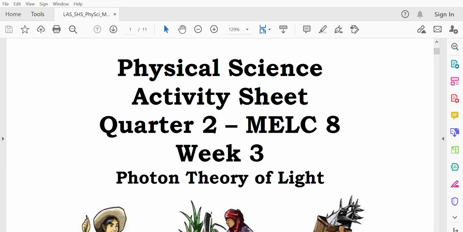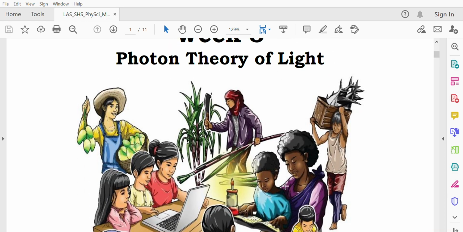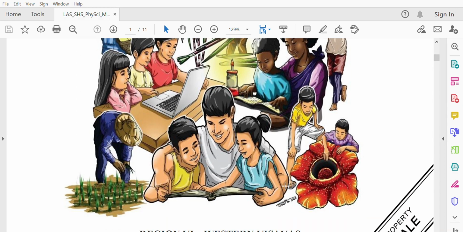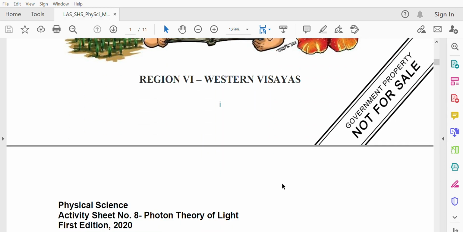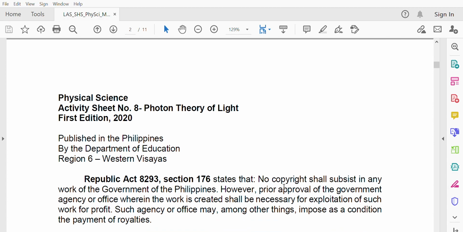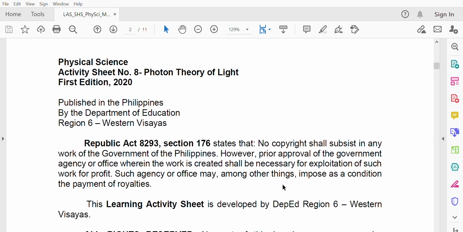This is Physical Science Activity Sheet Quarter 2, MELC 8, Week 3, Photon Theory of Light. I know that some of you, or many of you, find the solving problems in this module hard, so I will explain it here.